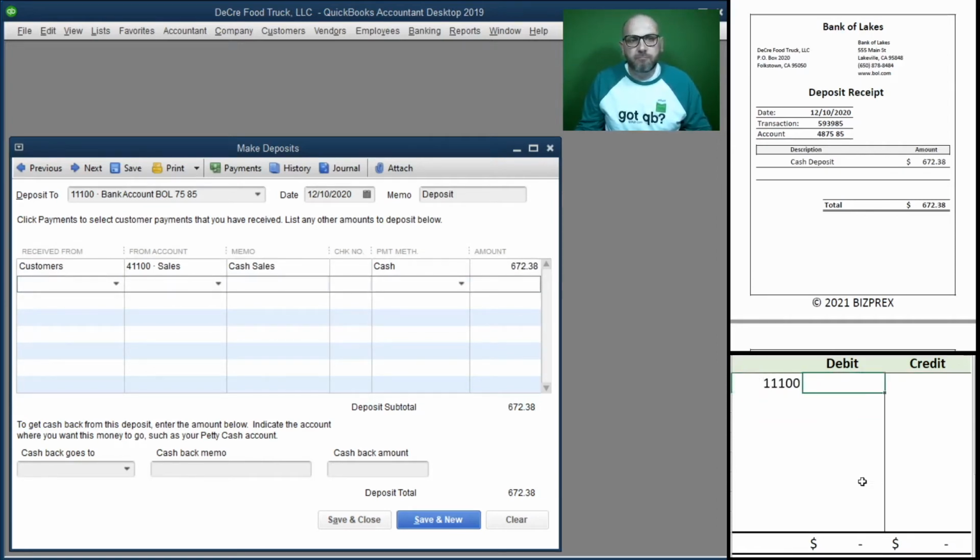Let's solidify. Bank account as an asset, it goes up, thus it is debited. Sales go up. Sales/revenue go up when credited. Okay, debits and credits are in balance. Good to go.